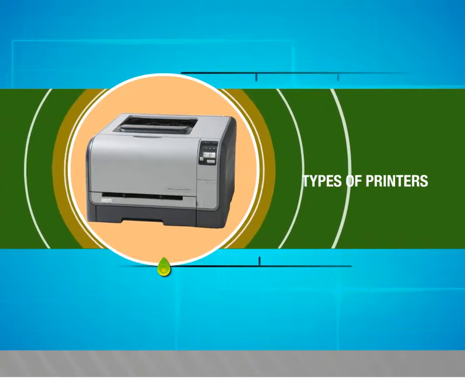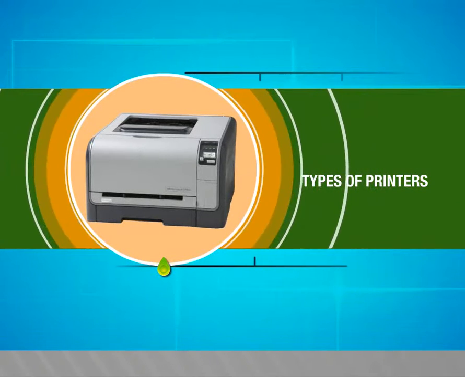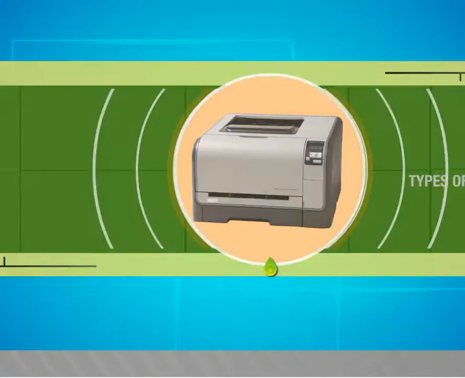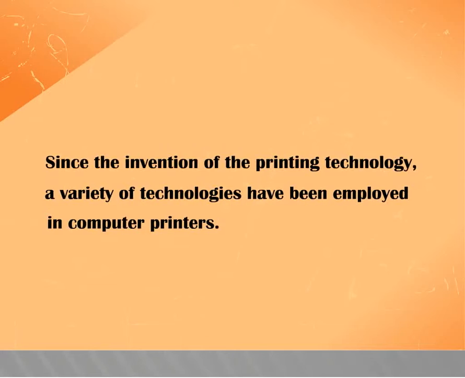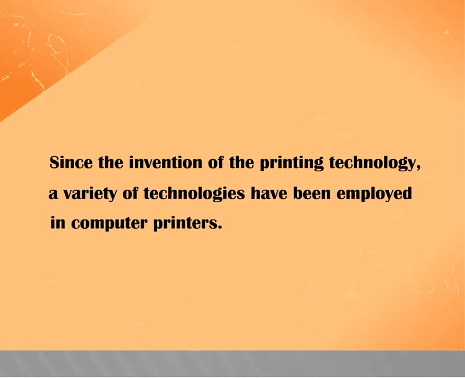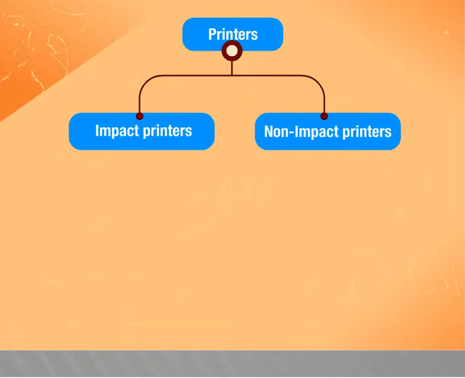Types of printers. In this video, we are going to see about types of printers. Since the invention of printing technology, a variety of technologies have been employed in computer printers. Printers are broadly categorized as impact printers and non-impact printers.